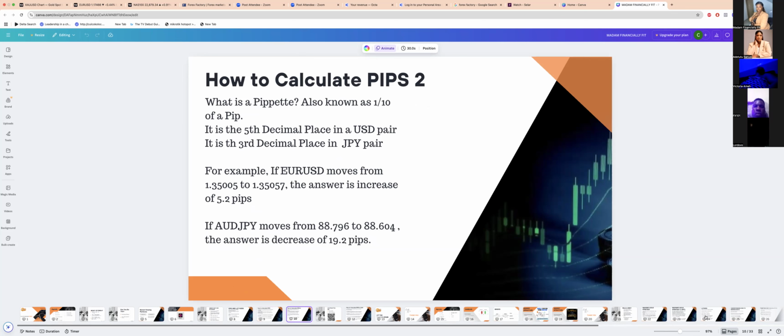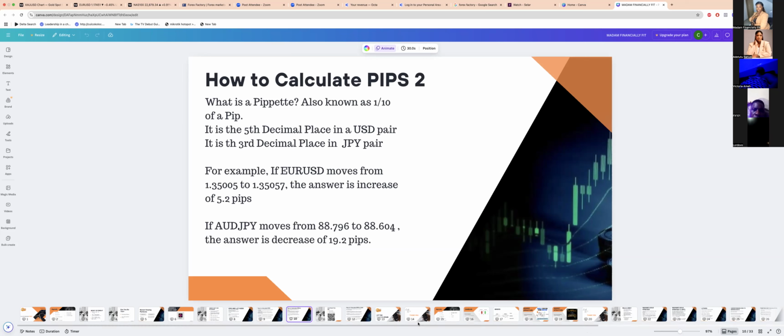So how to calculate pips, part two. Now she mentioned the pipette before, but let's just take it over again. A pipette is 1/10 of a pip. It is the fifth decimal place in a USD pair, and the third decimal place in a JPY pair.